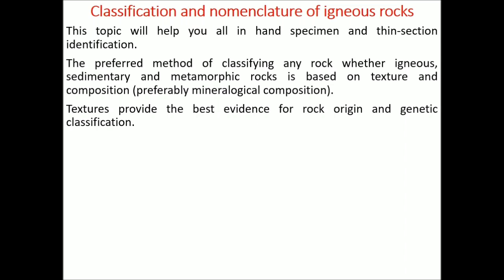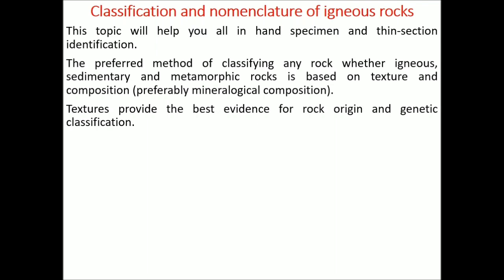There are many methods, many technologies by which we can know several aspects regarding the rock. Geochronological studies enable us to know when the rock formed, at what age or range of age that rock formed.